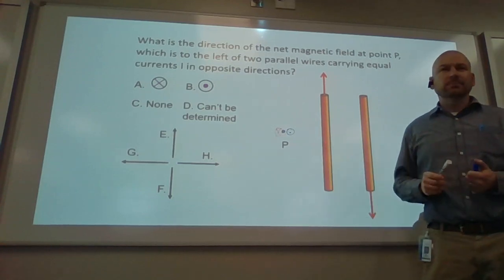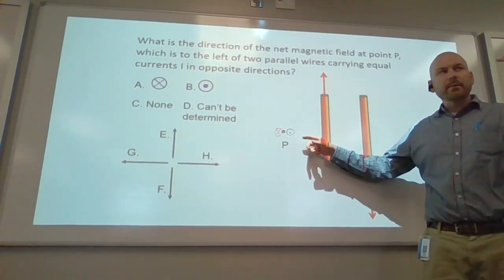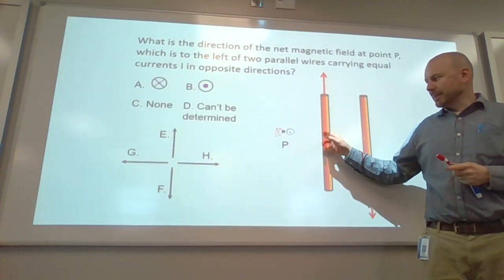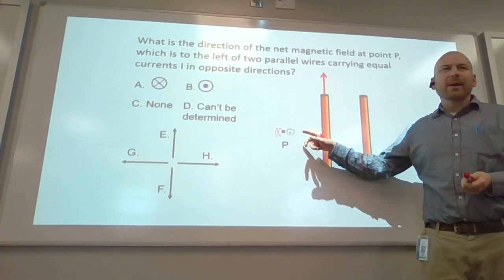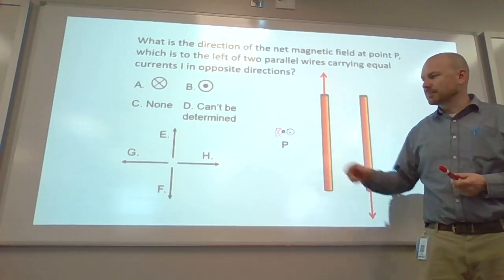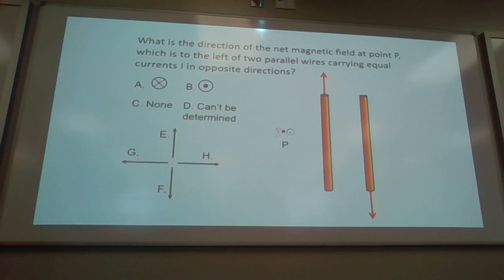Why is it not 0? Yep, this one's closer. The magnetic field is stronger from this guy because it's closer than this one. So the net is out of the page.